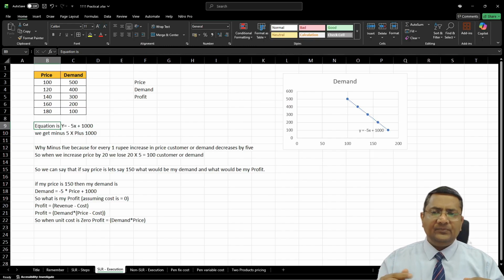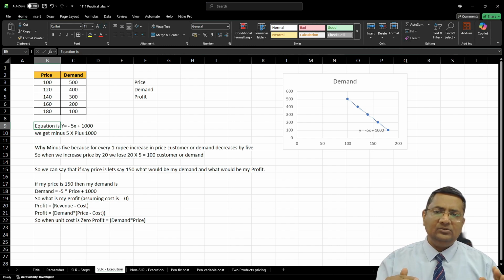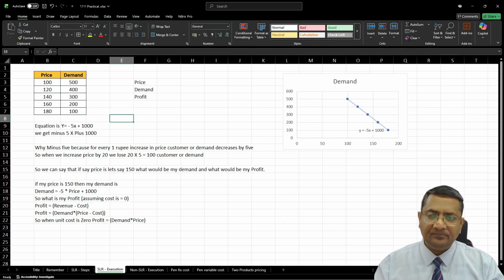That means if we increase the price by 1 rupee, we will lose 5 customers. So when we increase the price by 20, we lose 20 times 5, that is 100 customers. This is what the data says.